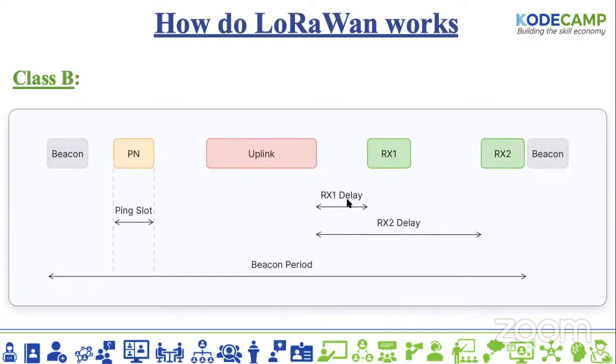When I talk about the first beacon here and the next beacon over here, that is what is known as the beacon period. So it's the time between the first beacon and the next beacon that is the beacon period.